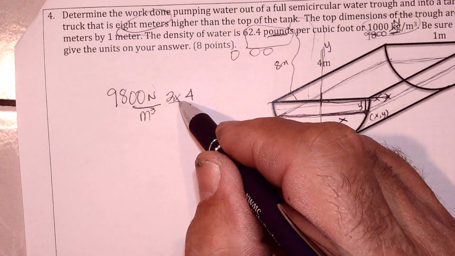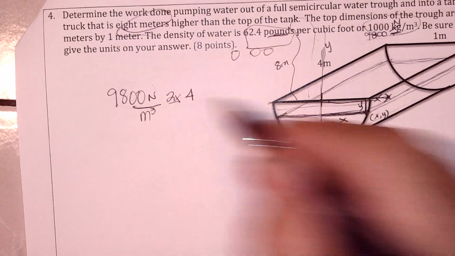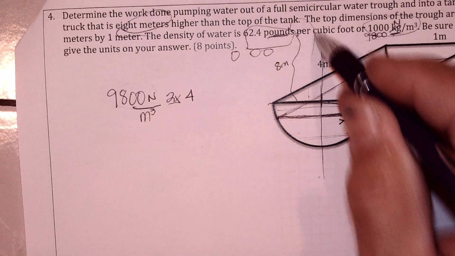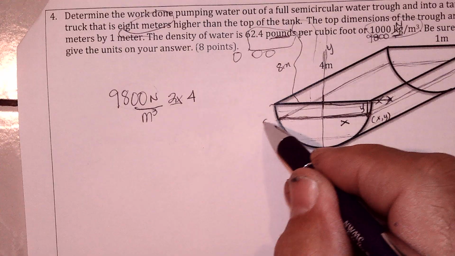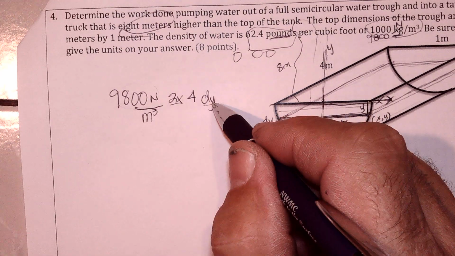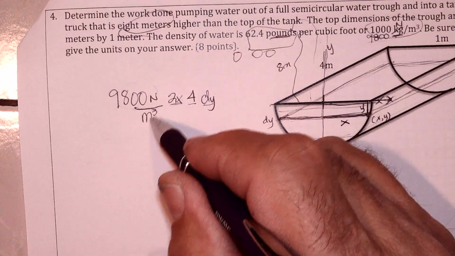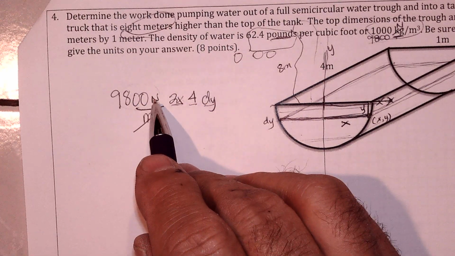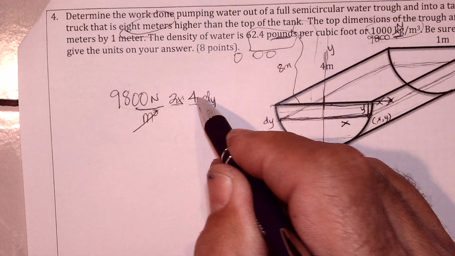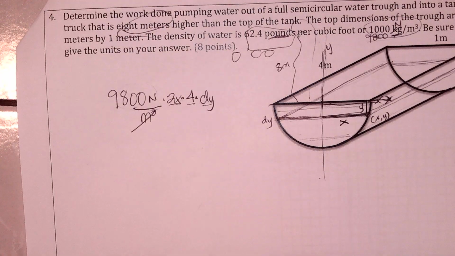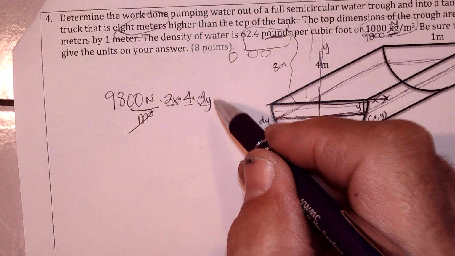So 2x meters one direction, 4 meters this direction, and a thickness that is, if you're putting y up and down, the thickness is dy. Meters, meters, and meters are going to cancel the meters, and we'll now have newtons amount of weight. And the weight is what we have to lift.